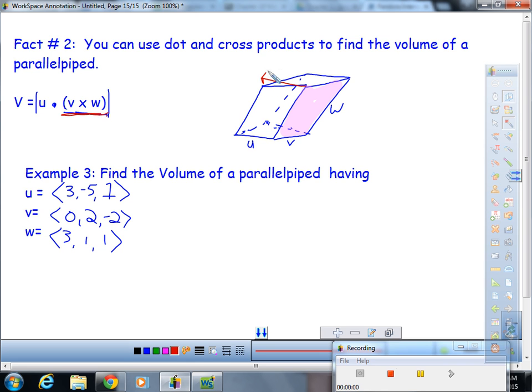So if I dot product this red vector with the U, it's going to give us the amount of U that is traveling in the same direction as the red vector. Well, that's good, because that's going to be the height of the parallelepiped, because it's perpendicular. And that's all you're doing. You're just doing area of the base times the height. That's really what you're doing. Okay?